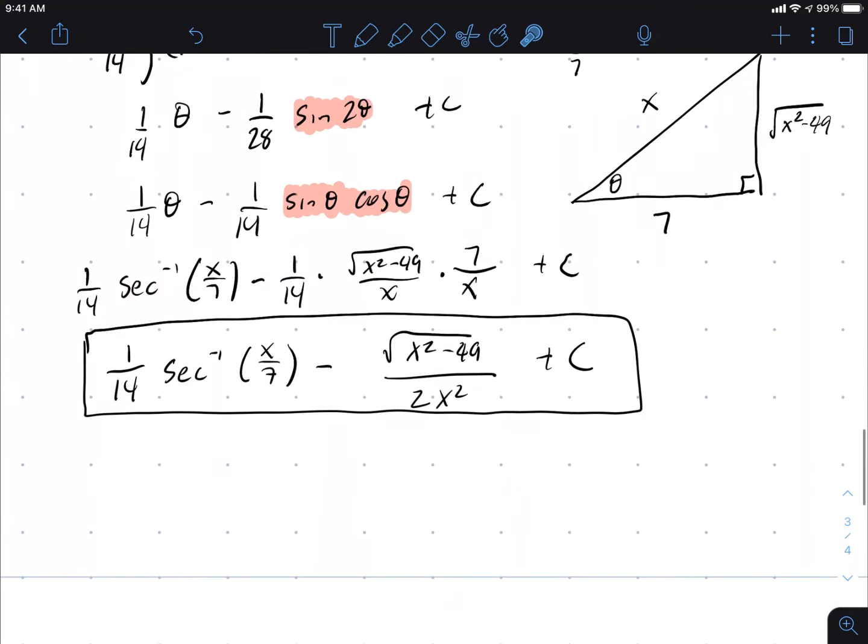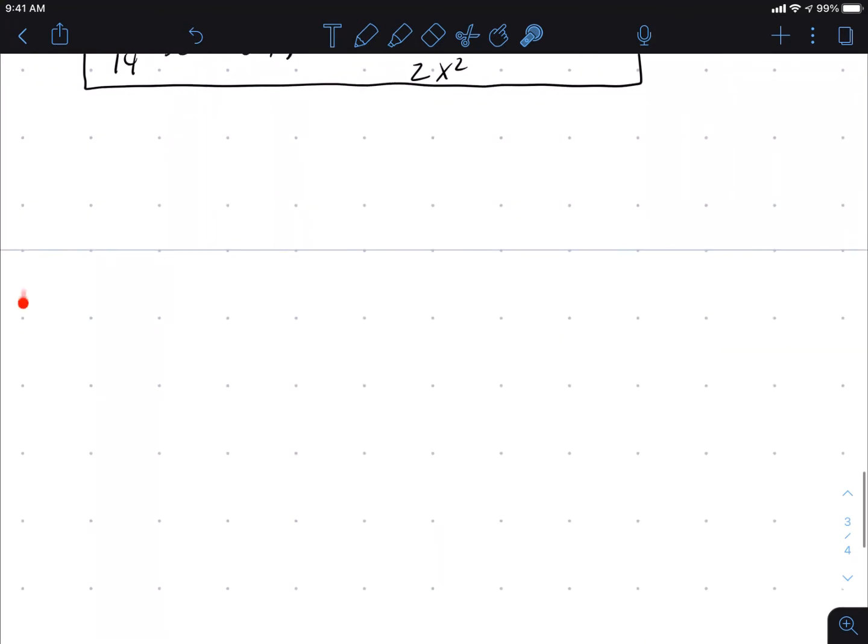Number 6. Again, I don't want to cut it off, so I'll go down a page. All right, here's the integral of du over u times the square root of 3 minus u squared. So again, we can tell this is going to be a trig sub, right?